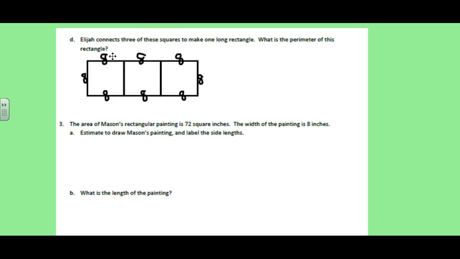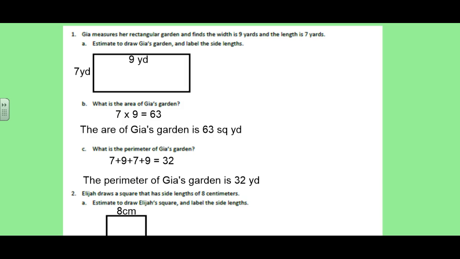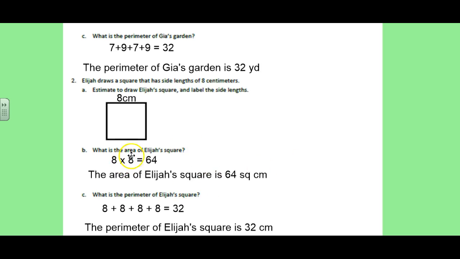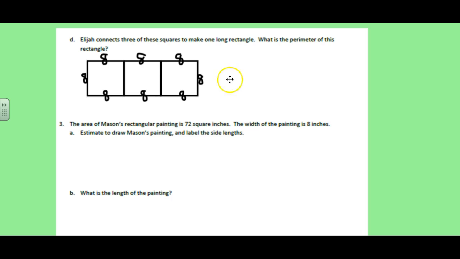And let's count how many sides there are. There's 1, 2, 3, 4, 5, 6, 7, 8. And if you go back and look over here, to find the area, we had to do 8 times 8. And if we have 8 eighths, that is the same thing as saying 8 times 8. So we're going to put 8 times 8.